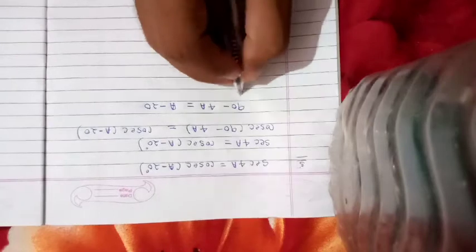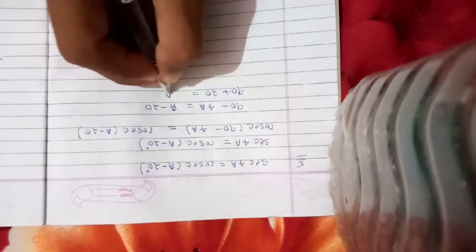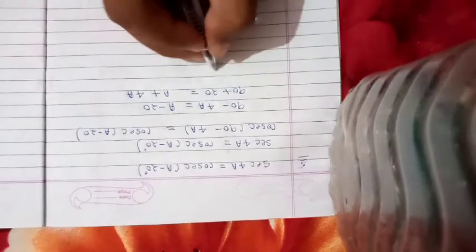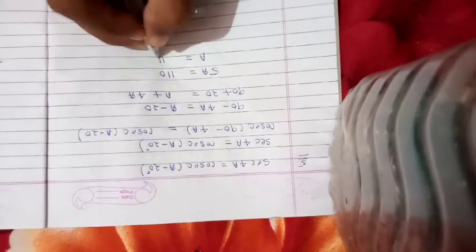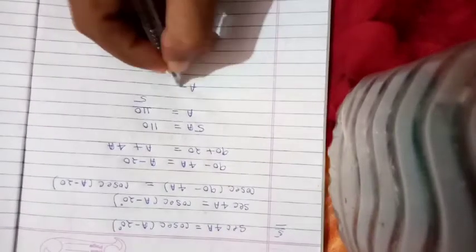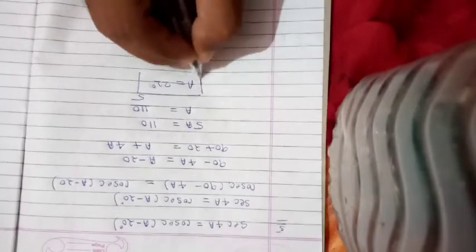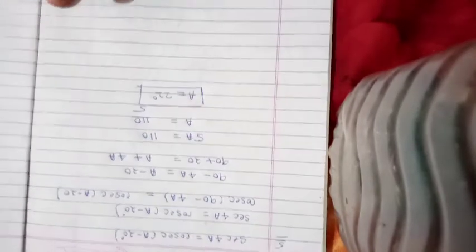Now you take 90 plus 20, which is equal to a plus 4a. So a plus 4a will give you 5a, which is equal to 110. So a is equal to 110 upon 5, so a is equal to 22 degree. Okay.